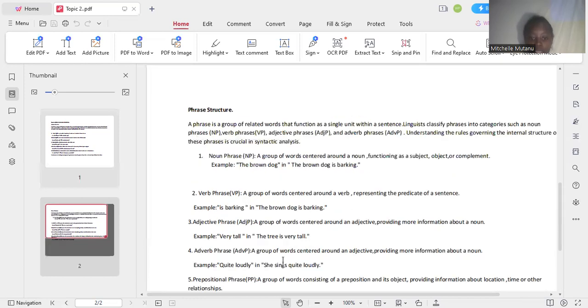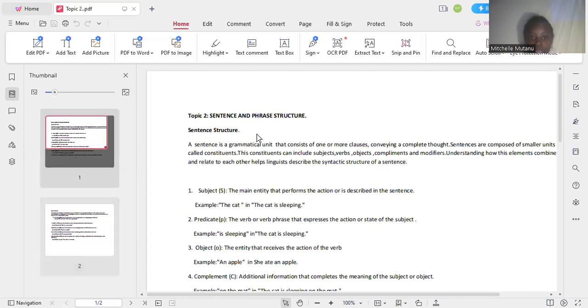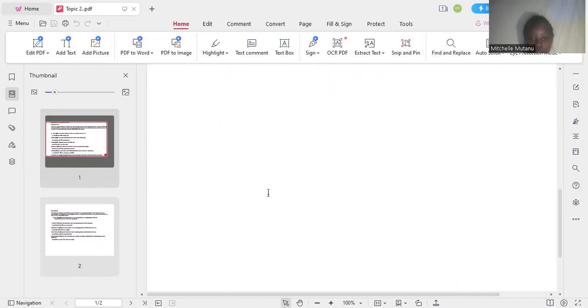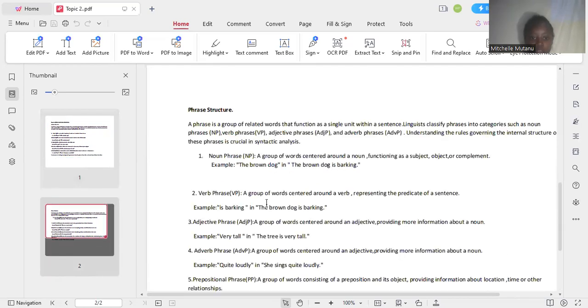Now we are through with the class. In today's class, we have looked at sentence structure, and we have defined what a sentence is. We have said it's a grammatical unit that consists of one or more clauses conveying a complete thought. We have also talked about a phrase, and we have said that a phrase is a group of related words that function as a single unit within a sentence.